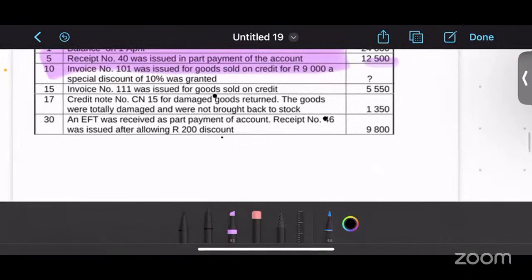And the next one here, they're saying the credit note number CN15 is for damaged goods returned. The goods were totally damaged and were not brought back to stock, which is 1,350. And when does the business issue a credit note? When you buy something on credit.